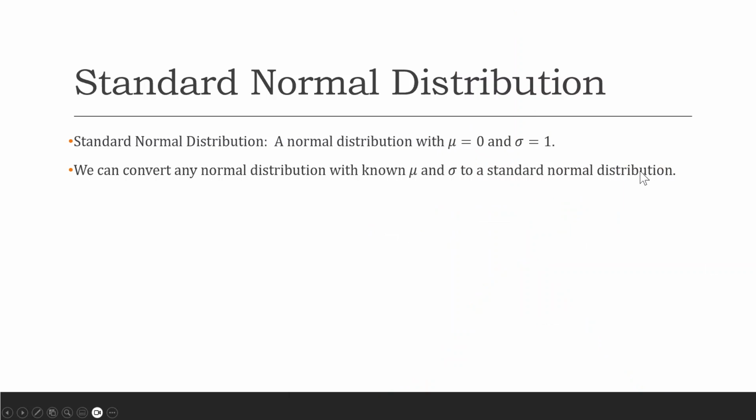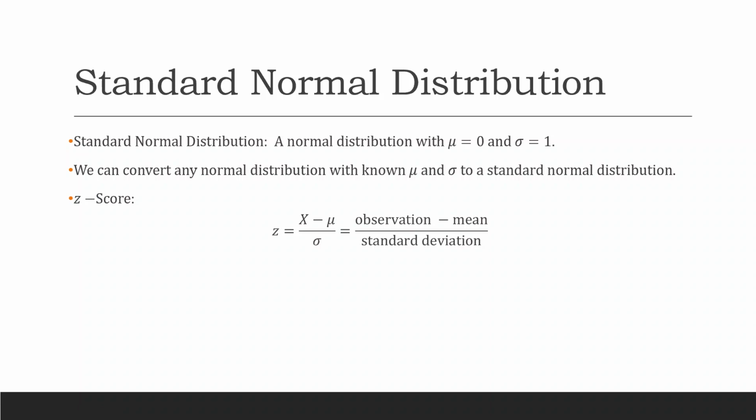All right. And so what we're going to be able to do is convert any normal distribution, no matter what mean it has or whatever standard deviation it has, to a standard normal distribution by calculating z-scores, or converting every single x to a z-score.